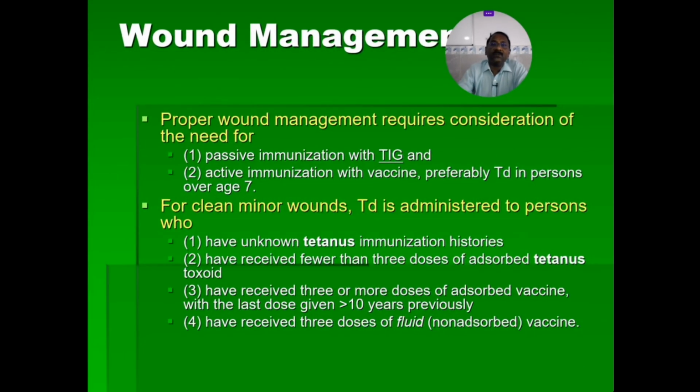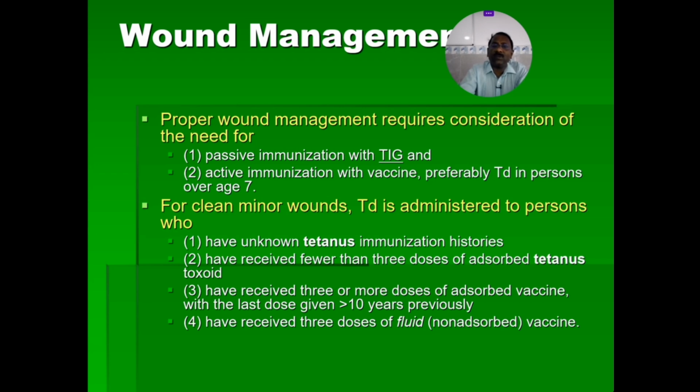Wound management. Proper wound management requires consideration of the need for passive immunization with TIG and active immunization with a vaccine. For clean minor wounds, active immunization with Td is administered to persons who have unknown tetanus immunization histories or have received fewer than 3 doses of adsorbed tetanus toxoid, or 3 or more doses of the adsorbed vaccine.